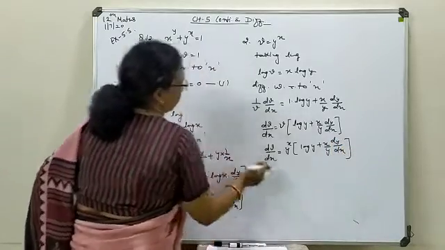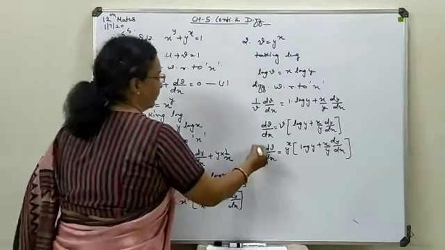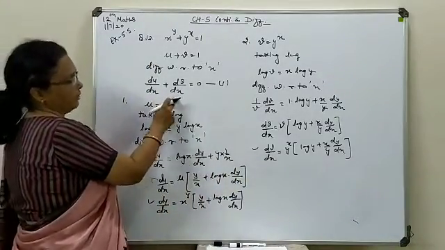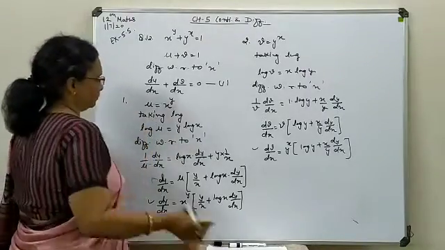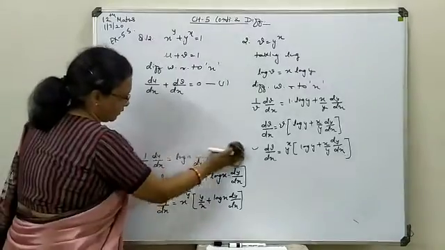So this way we have separated out these two terms, du by dx and dv by dx. Now to get the final answer form, we have to write both derivatives.